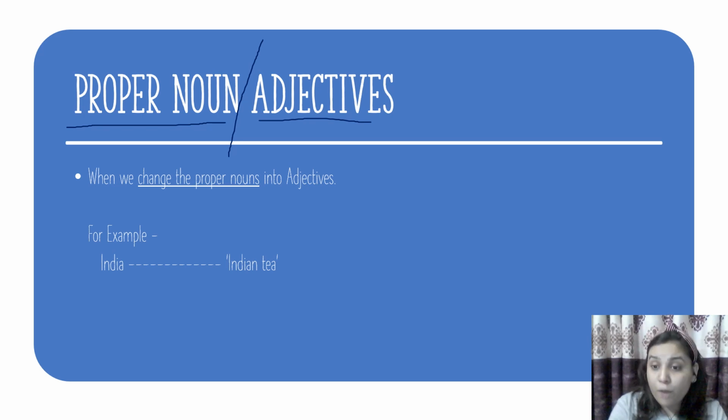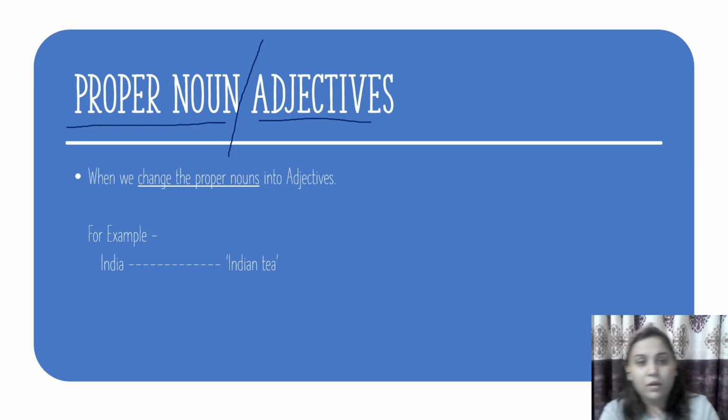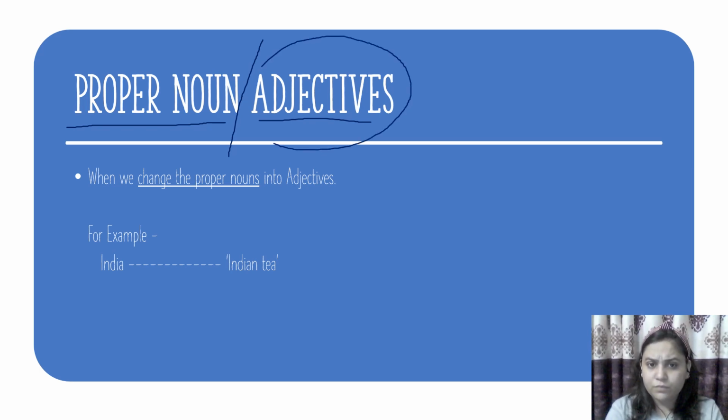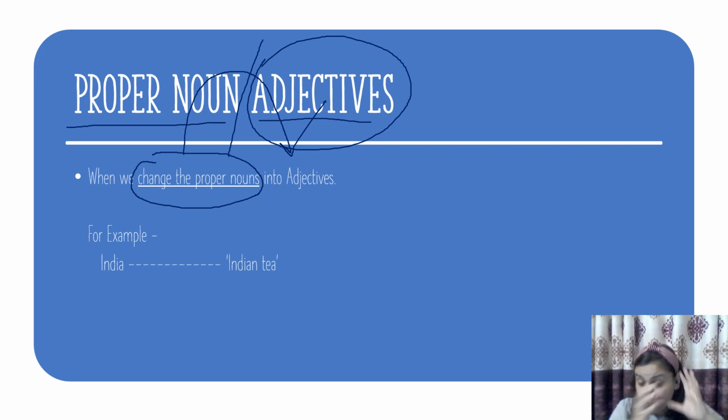If I say proper noun we all know, name of a specific person, place, animal or thing. And adjectives we know, describing word. So it is simple. Whenever we change a proper noun into an adjective, it is called a proper noun adjective.